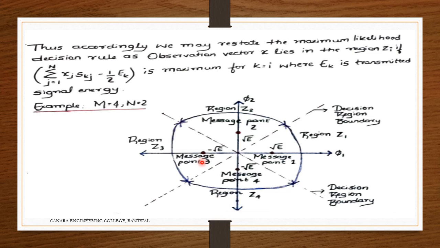Decision boundaries have been allocated so that we can have a threshold value to generate a noise cloud. Decision region boundaries have been allocated for all the 4 regions. So here the regions are Z1, Z2, Z3, Z4.